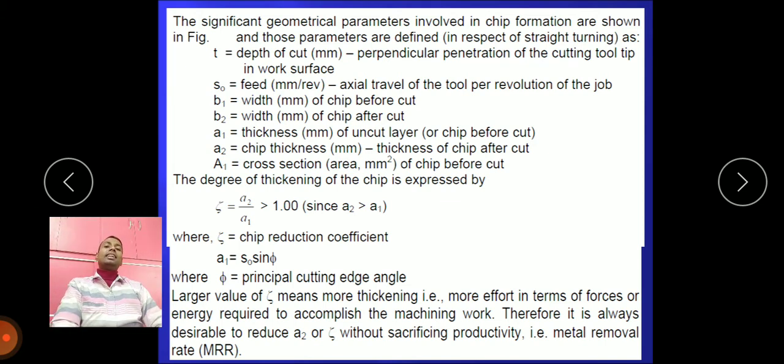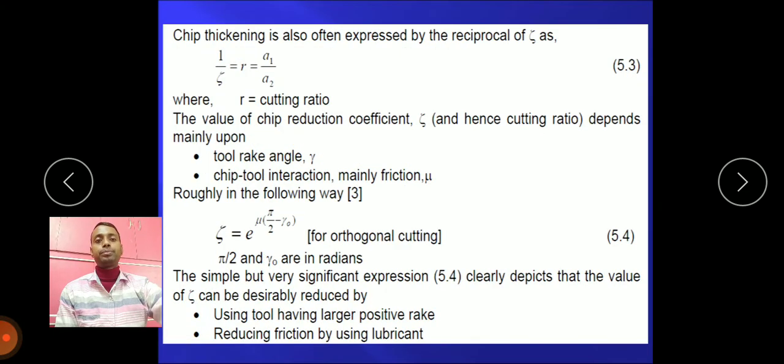So xi is A2 by A1, which is always greater than 1, and A1 is H0 sin phi. H0 is the feed and phi is the principal cutting edge angle. This is the total formula. Please remember this. This area is very important. Many multiple choice and numerical questions come in your GATE exam and any kind of competitive exam also.